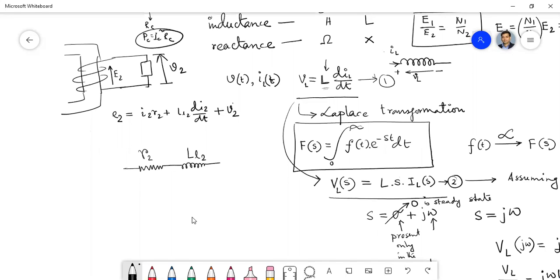So we can draw this like this: E2, and here we have the load through which this I2 current is flowing, and across this load we'll get some voltage drop, that is V2. Is this clear?